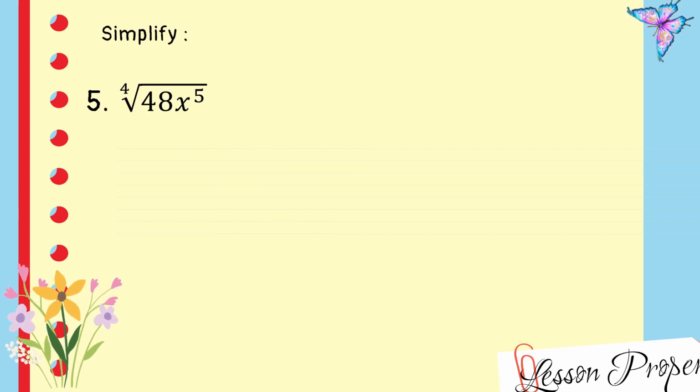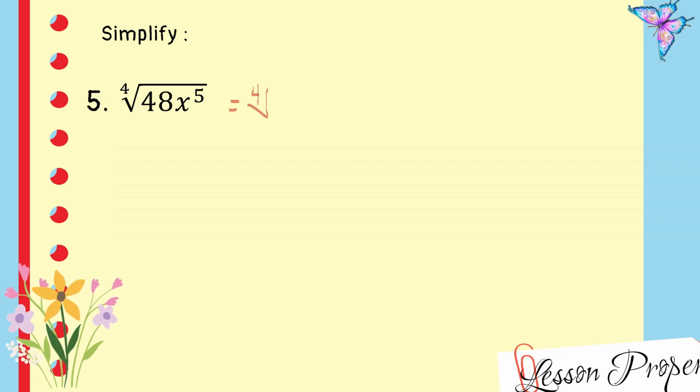Last one for this. Fourth root of 48x raised to 5. The strategy in simplifying radicals is to find the factors that are perfect nth powers. Then use the product rule for radicals. So fourth root of 48x raised to 5.